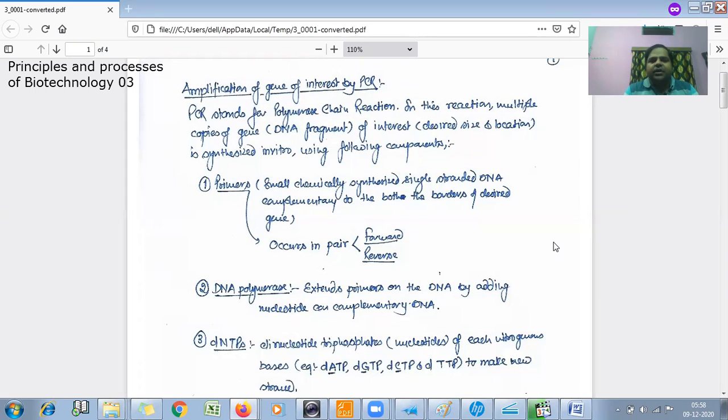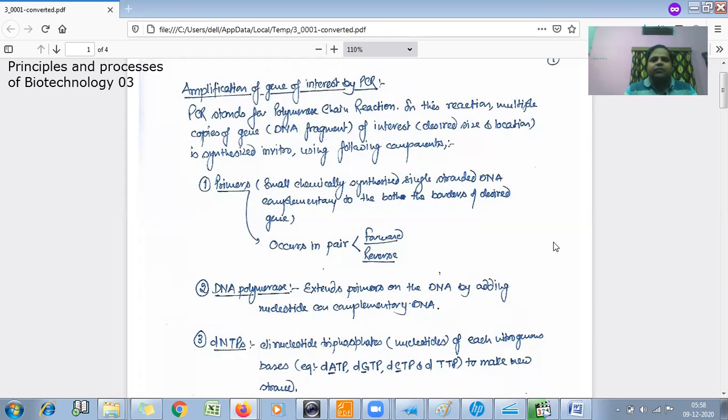In this reaction, the multiple copies of a gene, or we can say the fragment of DNA of interest of desired size and the desired location, is synthesized in vitro using some components.